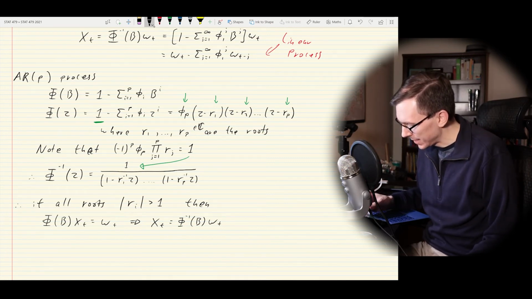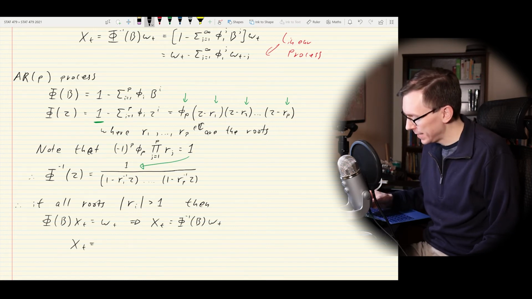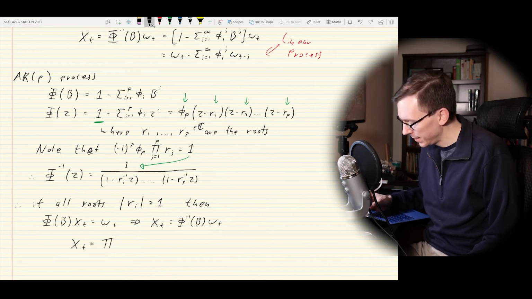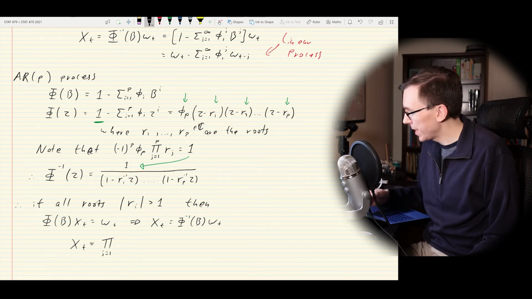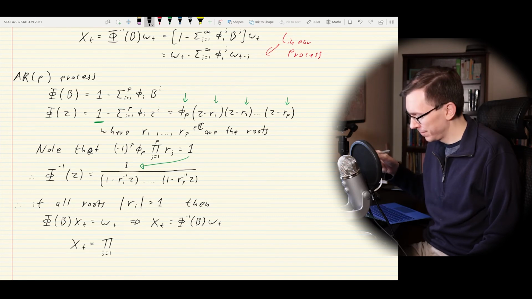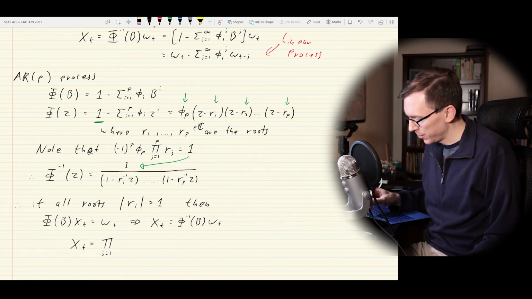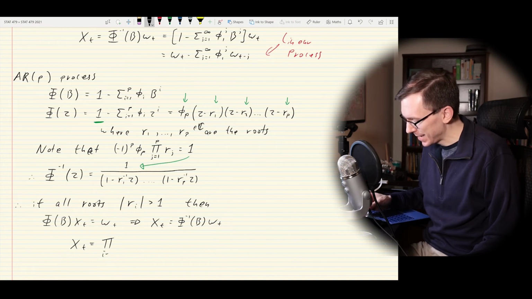I'll just write it down on the next line here. It is going to be the product over the pth, we'll say j from 1 to, I was using i before. We'll switch it and hope that I don't make a terrible mistake here. We have i from 1 to p.